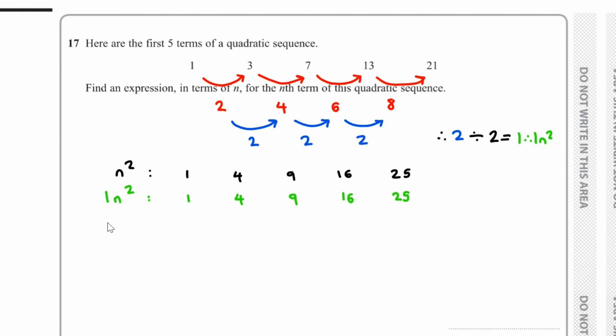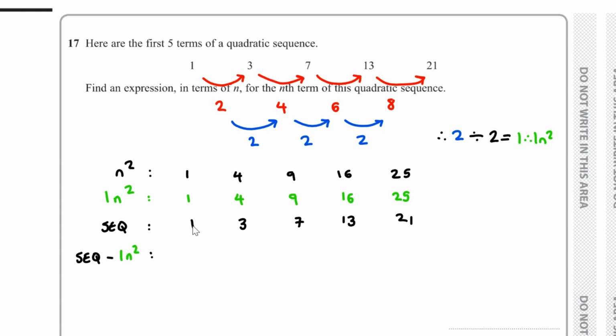We now write out our sequence. So we've got 1, 3, 7, 13, and 21. And now we work out the difference between the sequence and the 1n squared terms.